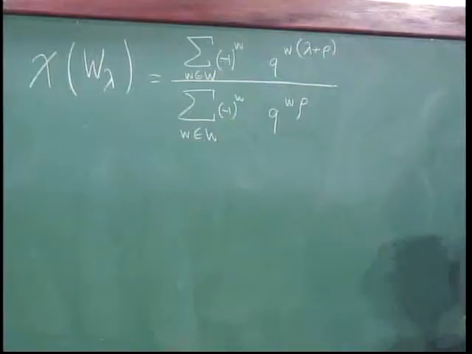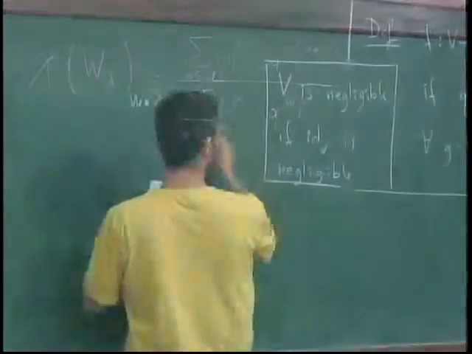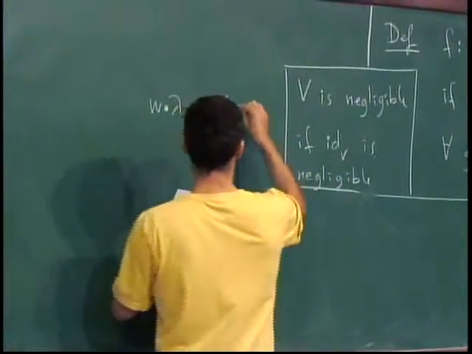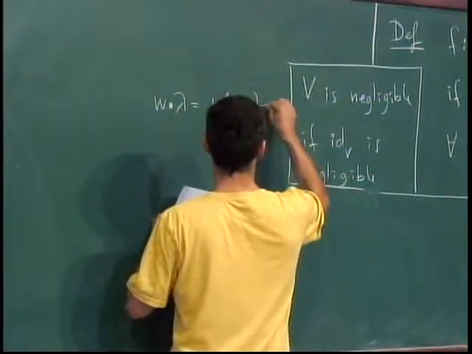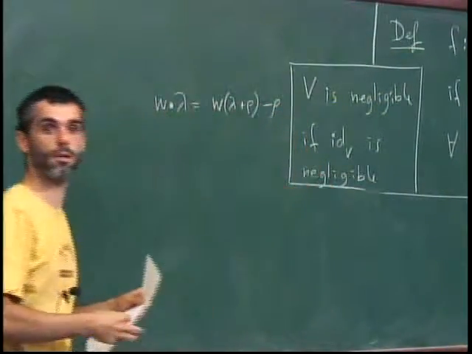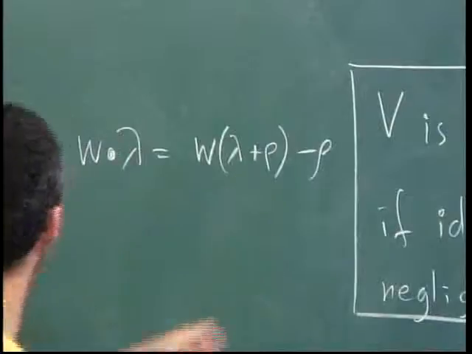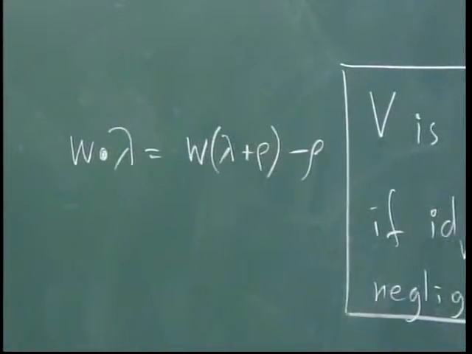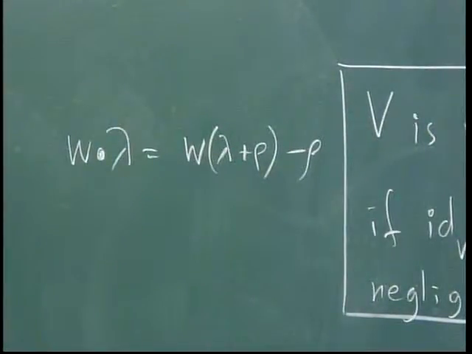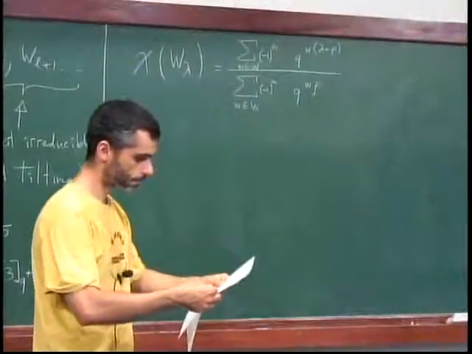So W acting shifted action on lambda is the usual action on lambda plus rho, all that minus rho. And if you use that, you can sort of go back and forth between these two formulations. So I'm going to use that one.